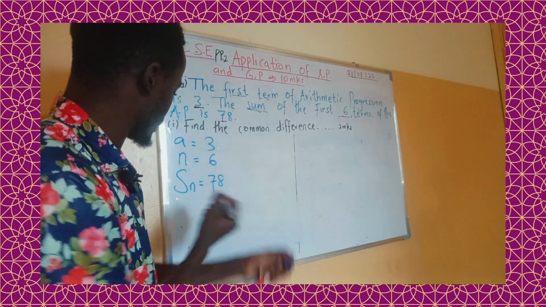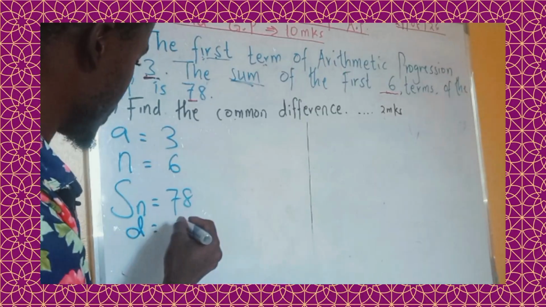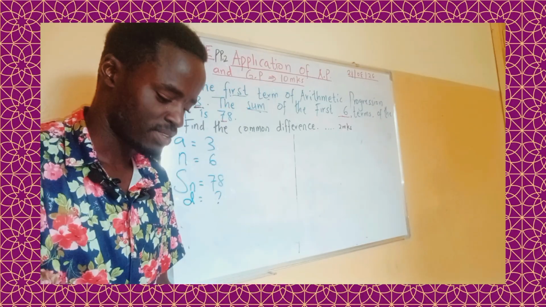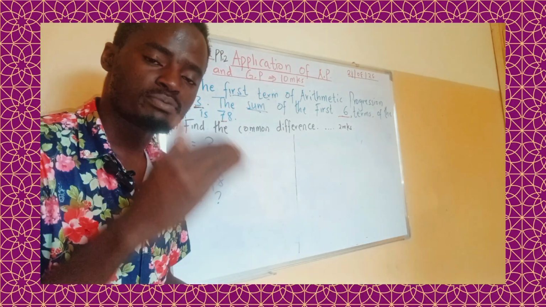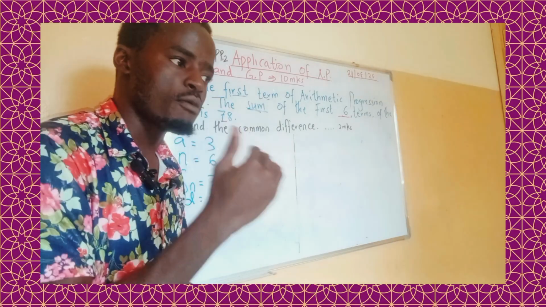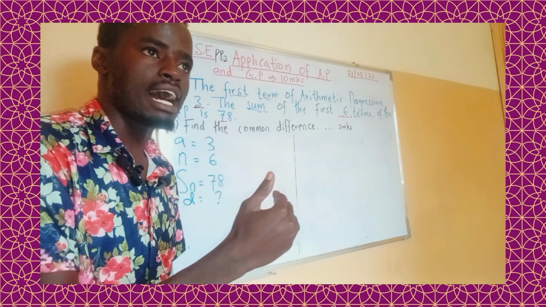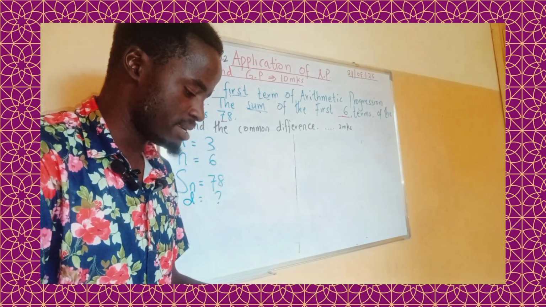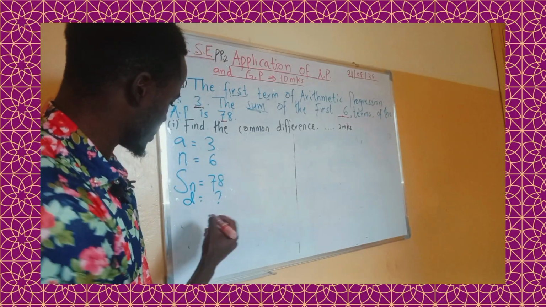Find the common difference. So we don't have the common difference. So what is D? To get D, you need to know the formula for getting the sum of terms in an arithmetic progression. And here is the formula.